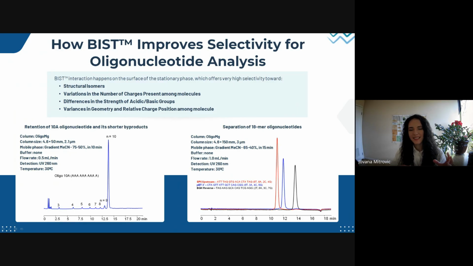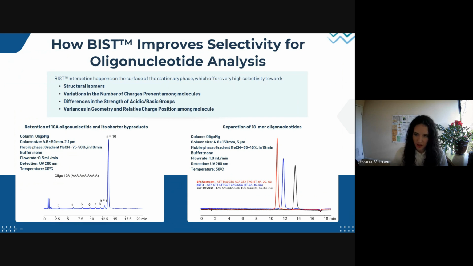Because of this surface-level, highly localized interaction, the system becomes extremely sensitive to subtle variations in the structure and properties of the analytes. This opens the door to a much more refined level of discrimination. So there are a few key ways this selectivity is expressed.